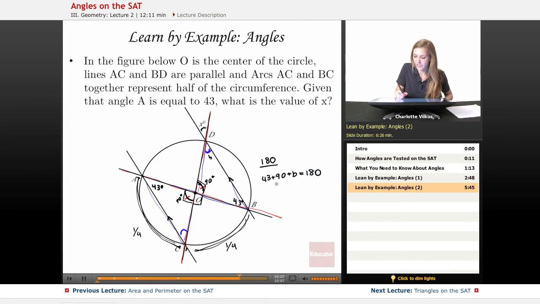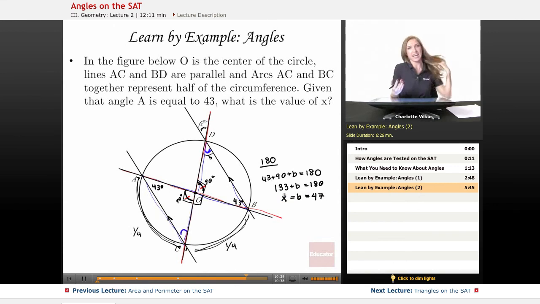So here I have 133 plus B equals 180, or B equals 47. So once I know this blue angle, then look, I have another intersection. So I can figure out exactly what X is, and it's equal to this blue angle. So this is equal to X.